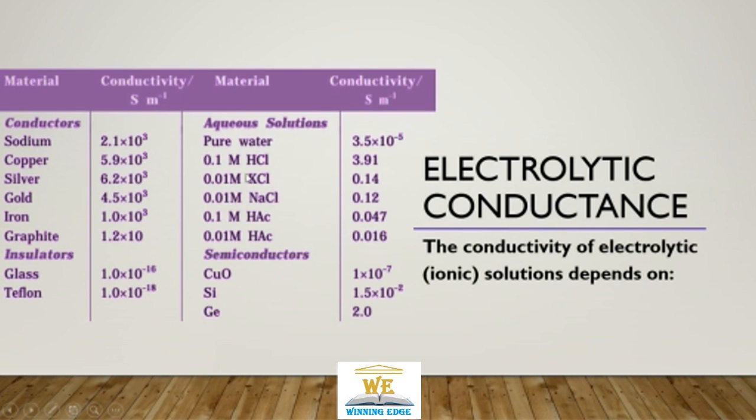Now here, for both solutions, KCl and NaCl at the same concentration, KCl is 0.14 and sodium chloride is 0.12. It depends upon the nature of the electrolyte.